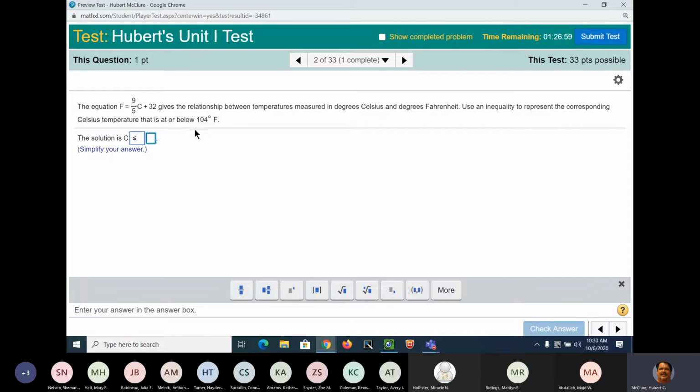And I guess they want the formula, which would be 5/9 F minus 32. And I don't know if that's what they want or not.